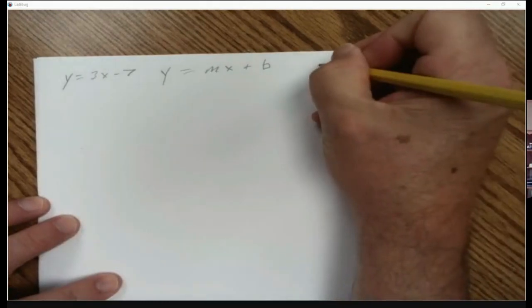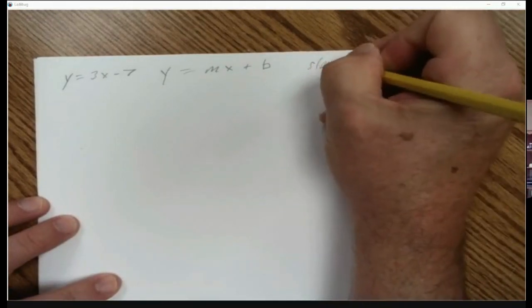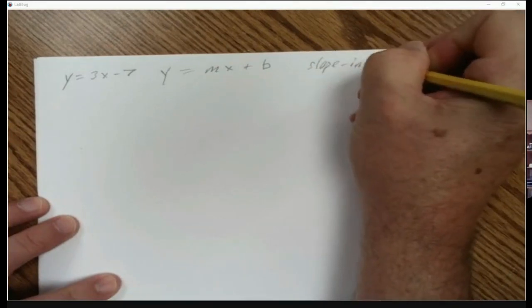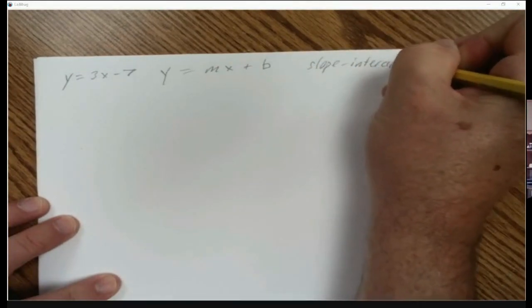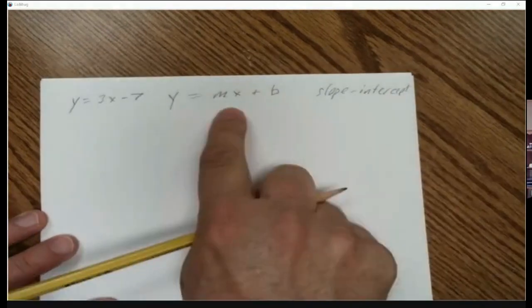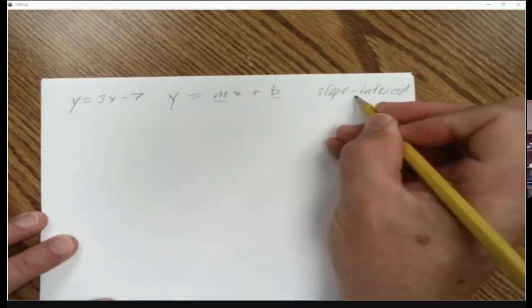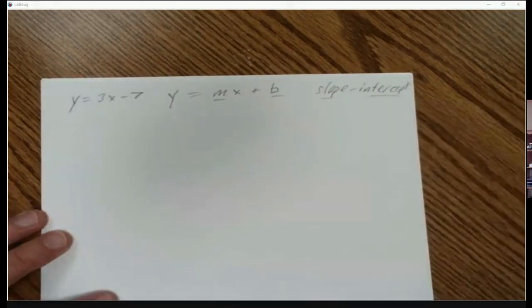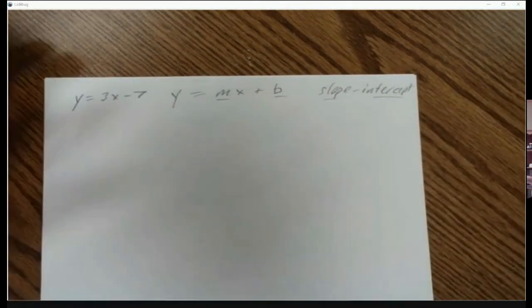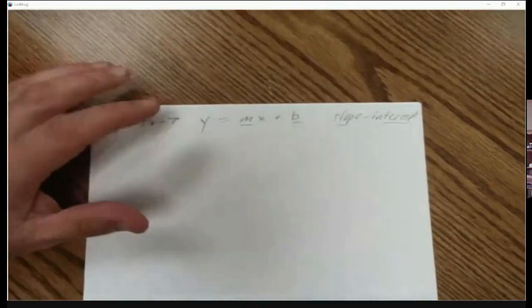So this is the slope-intercept form. Because what information do you get? You get the slope and you get the y-intercept, right? Slope-intercept. So that's why we call that the slope-intercept form.